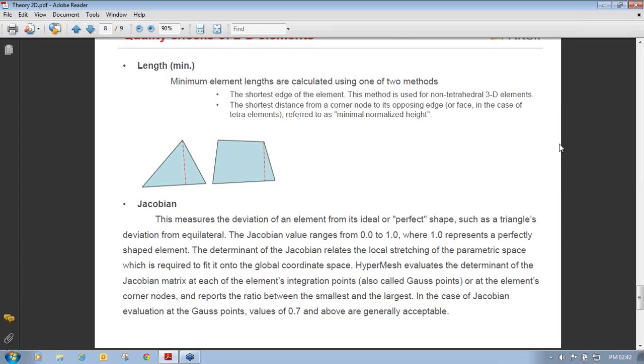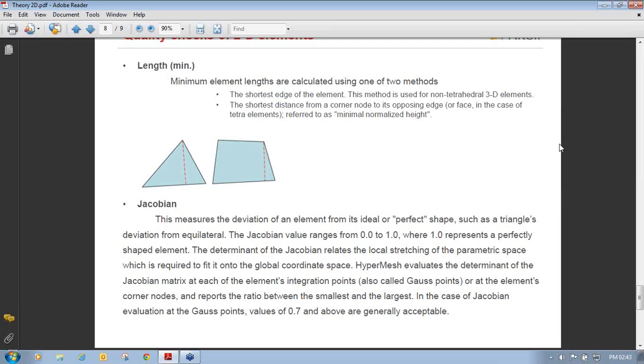This measures the deviation of an element from its ideal or perfect shape, such as a triangle's deviation from equilateral. The Jacobian value ranges from 0 to 1, where 1 represents a perfectly shaped element. The determinant of the Jacobian relates the local stretching of the parametric space which is required to fit it onto the global coordinate space.